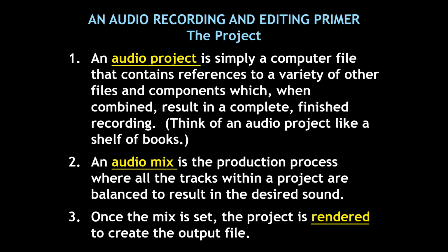And then once that mix is set, the project is rendered to create the output file. In Audacity, we call it exporting to a particular MP3 or WAV or whatever we're saving it as. In Audition, we call it saving to WAV or MP3 or whatever.